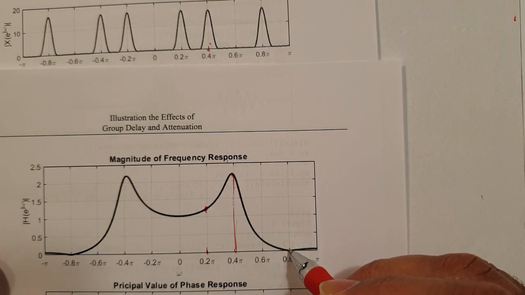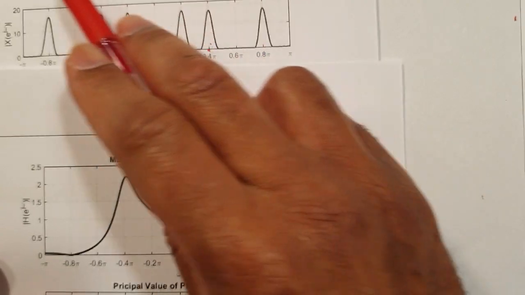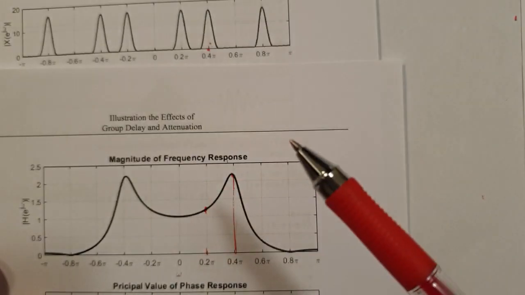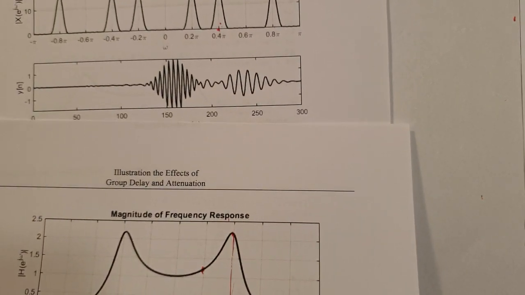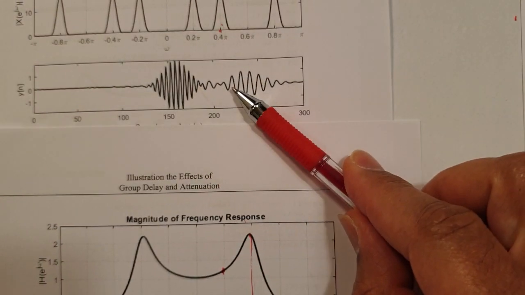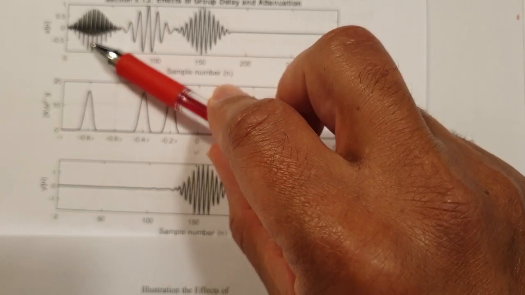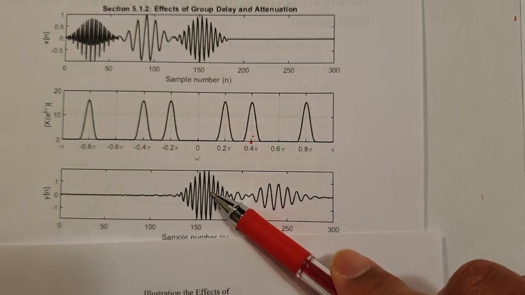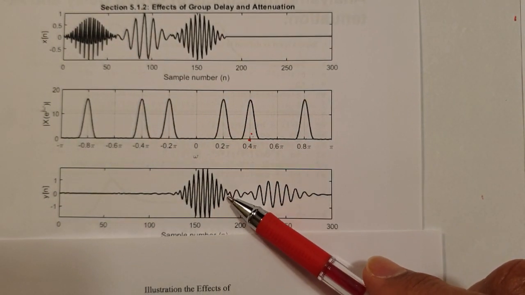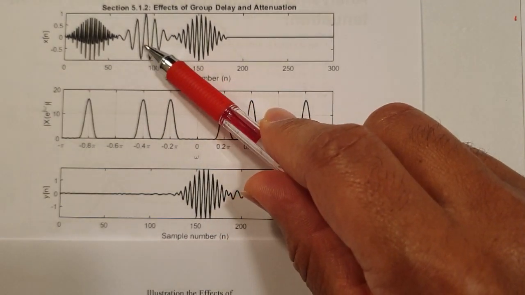Okay, so this is the input, how they came in this order, and now when they came out, as you can see, the higher frequency disappeared. Okay, higher frequency is not there. We have then only the medium and the lower frequency.